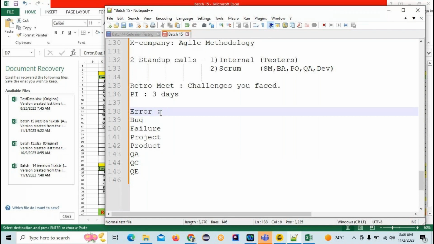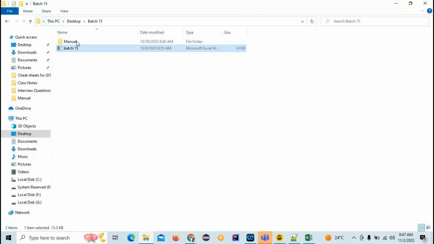For example, the developer is writing the code. By mistake, he has given the wrong syntax for a particular line written in Java or HTML or CSS. It's a mistake done by that person. It's a human-made error, and it is called an error. If I open the document, you can understand it more clearly.